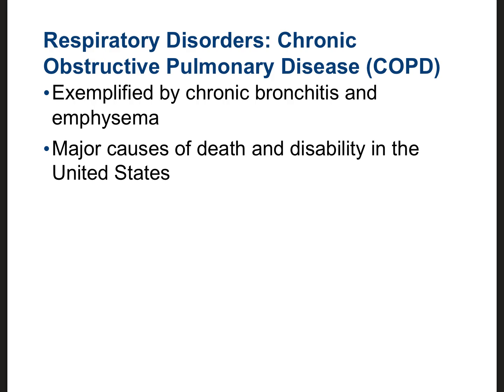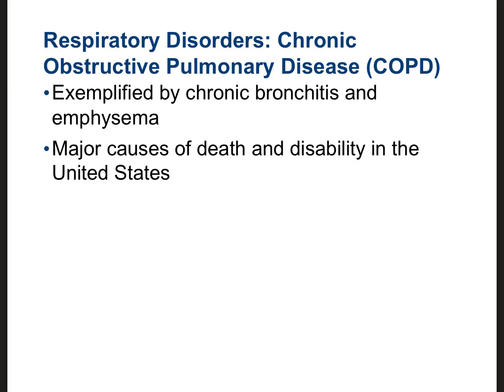So the last part of the chapter on the system is respiratory disorders, because they're prominent and we have a growing geriatric population. We have increased incidence of a group of disorders called chronic obstructive pulmonary disorders, right? Emphysema and chronic bronchitis are COPD, okay?